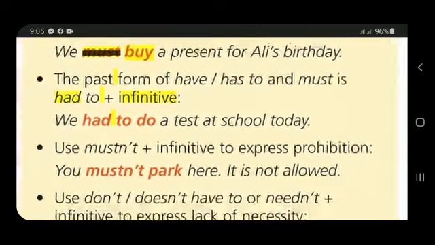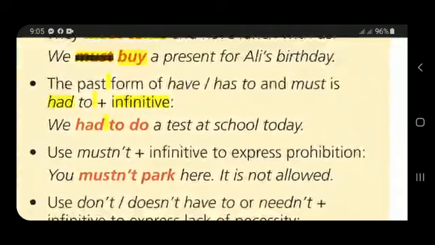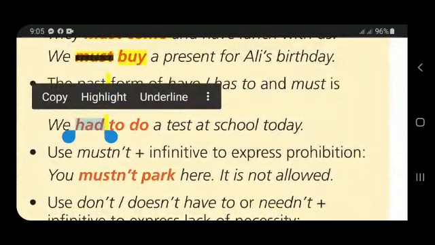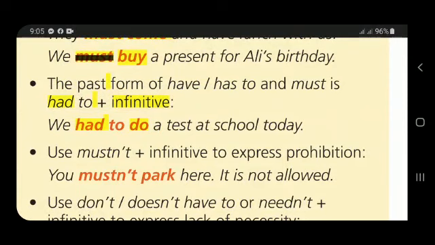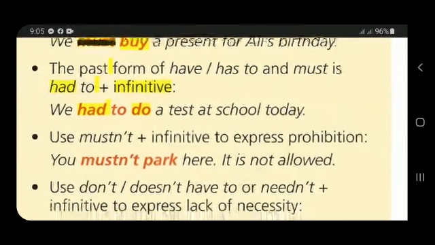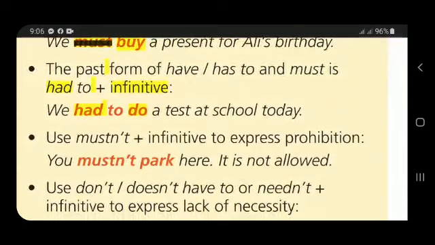For example, you can see here we had to do a test at school today. Here had to plus verb infinitive is the past form of has to or have to. Or when I say she had to finish her work yesterday. Here we express something which is necessary but in the past.